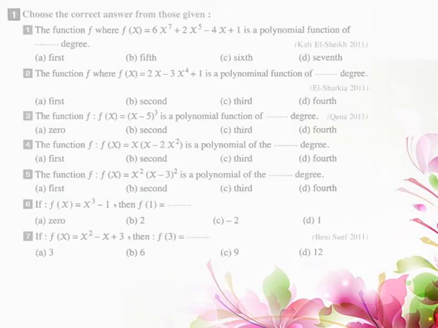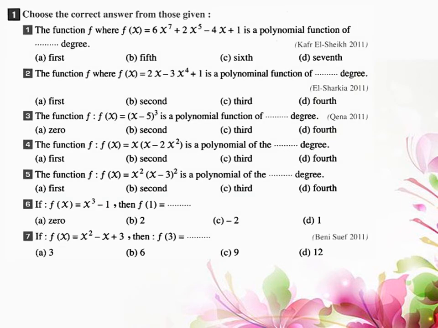Let's solve another example. Choose the correct answer. Number 1, the function f of x equals 6x power 7 plus 2x power 5 minus 4x plus 1 is a polynomial function of what degree? The highest power here is 7, so it is a function of 7th degree.